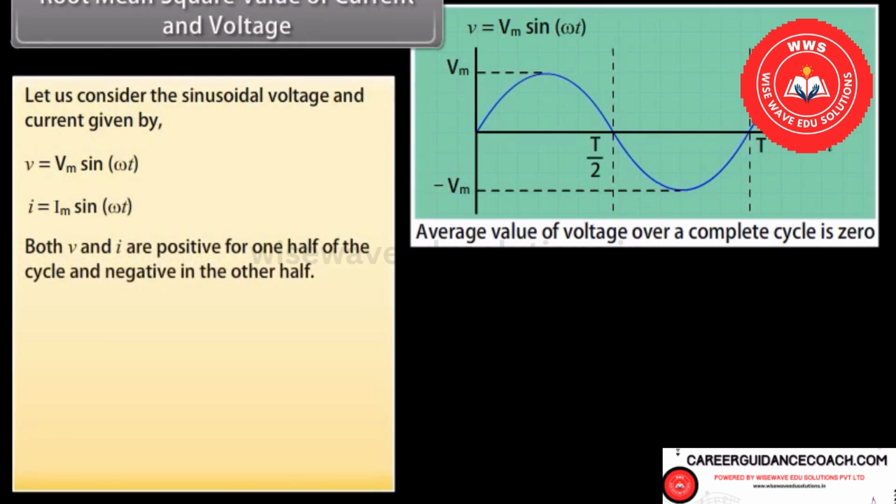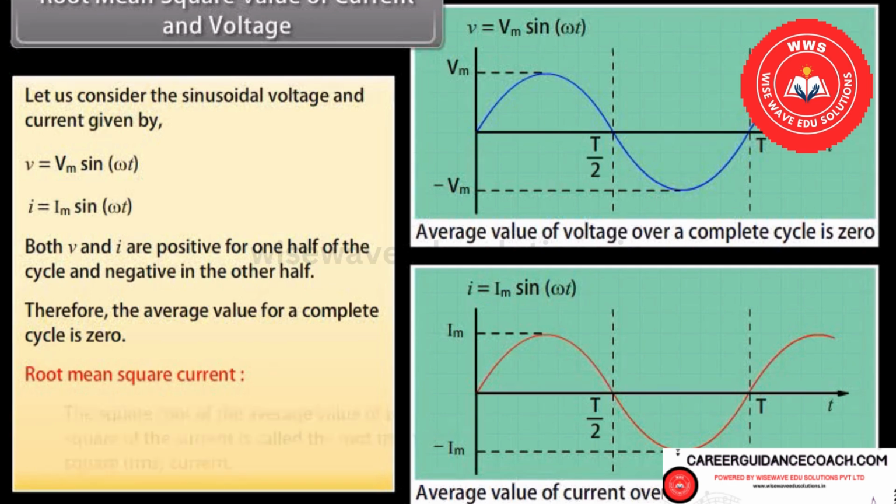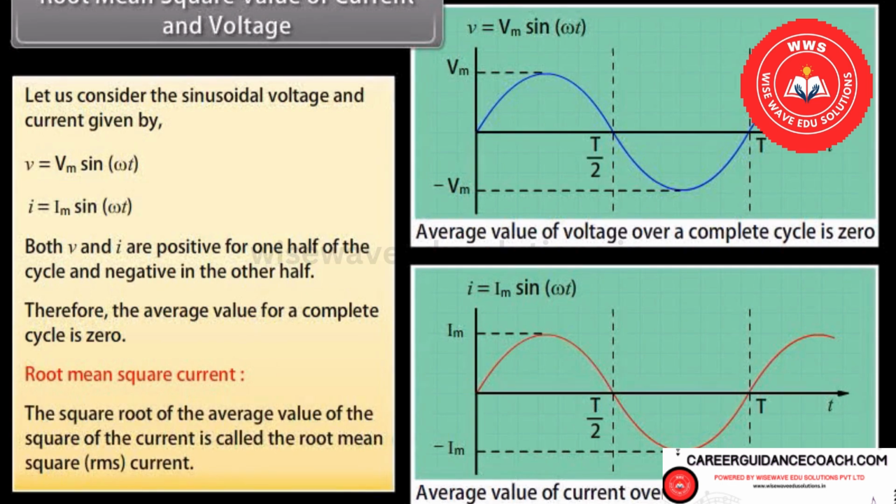Both V and I are positive for one half of the cycle and negative in the other half. Therefore, the average value over a complete cycle is 0. Root mean square current: the square root of the average value of the square of the current is called the root mean square, RMS, current.